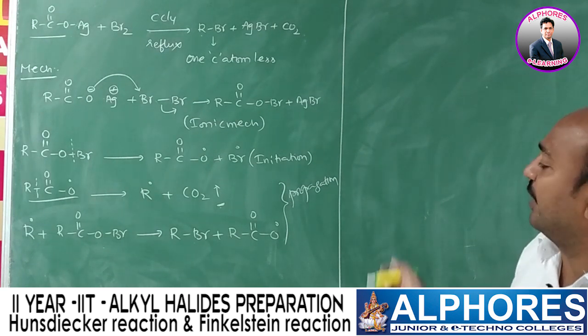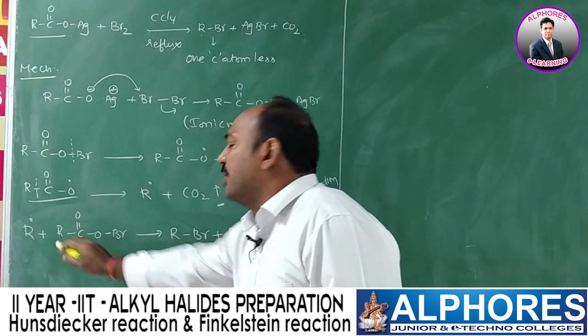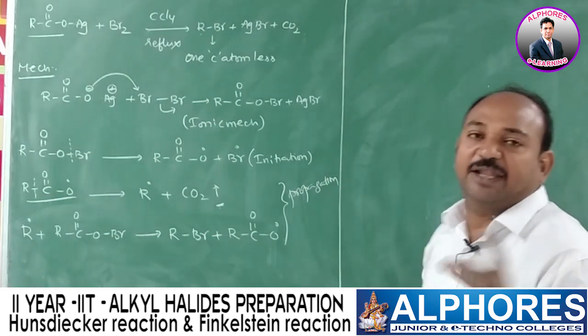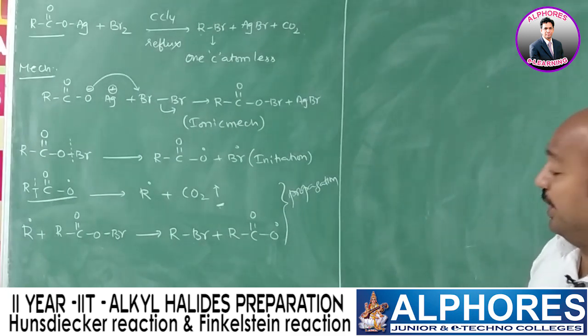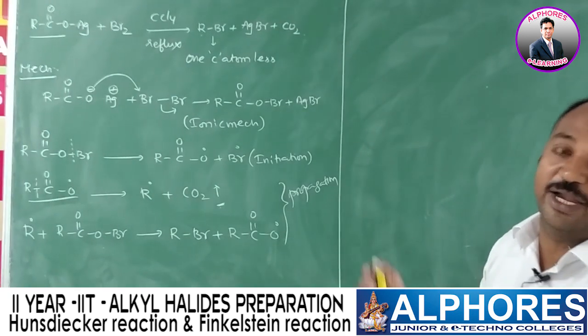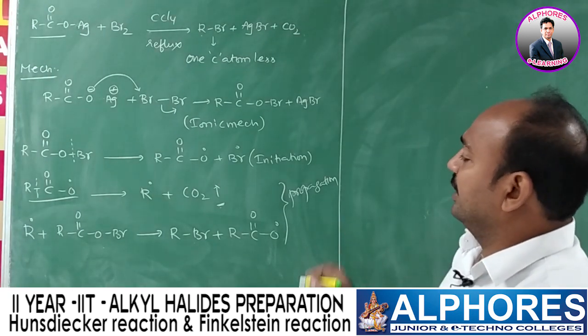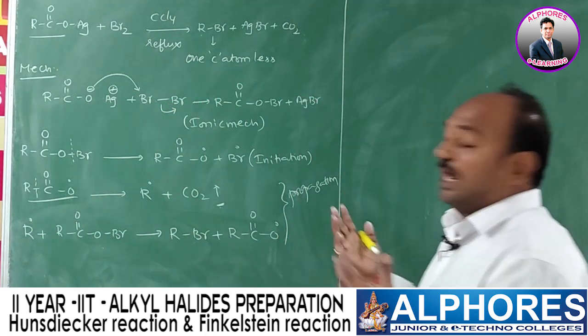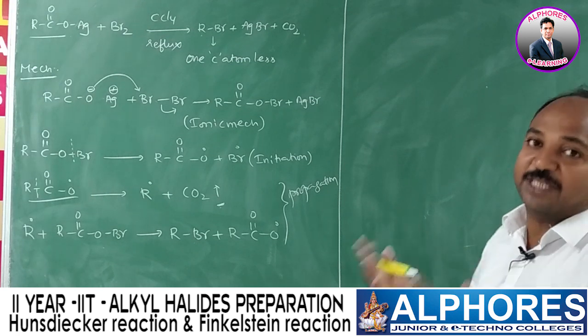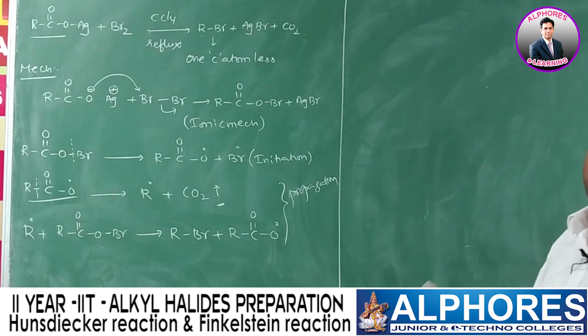What I mean to say here is that R may be primary, secondary or tertiary. If the alkyl group is primary, do we get a good yield, or if tertiary? Generally we get a good yield. In general, what do we think? A tertiary radical is more stable because of three electron releasing groups, compared to secondary and primary.